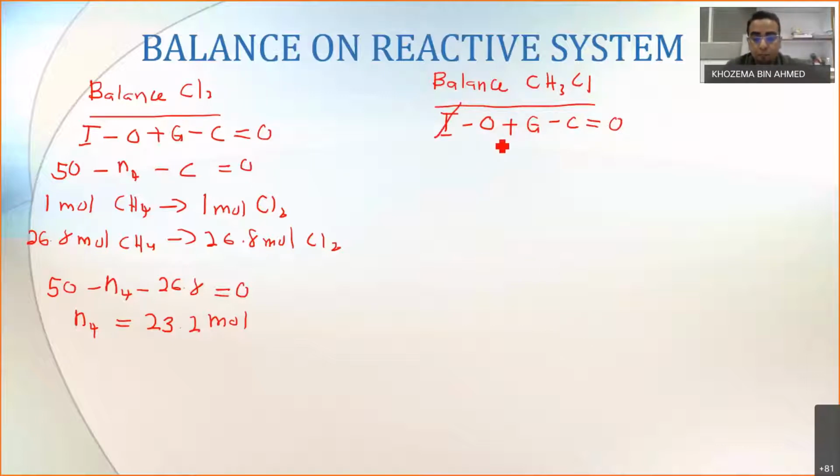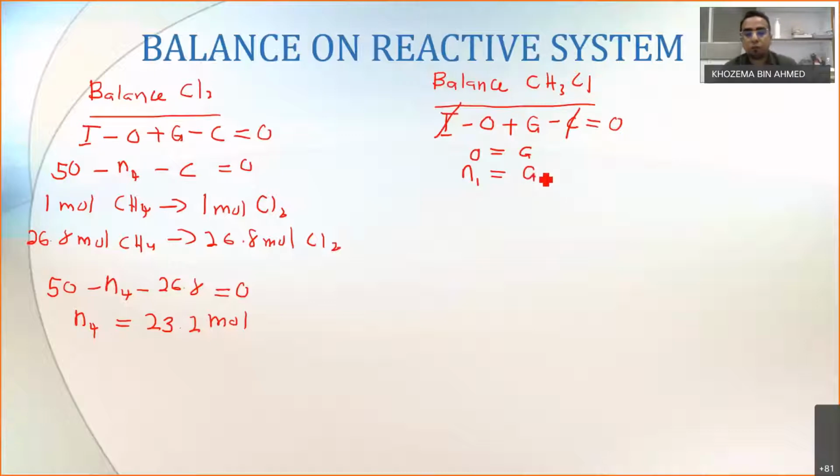Definitely we have output because this is our product. Definitely we have generation because initially we don't have any chloromethane, but after the reaction some was generated, and if there is generation there is no consumption. So output is equal to generation, and our output we have labeled as N1. So N1 is equal to generation.